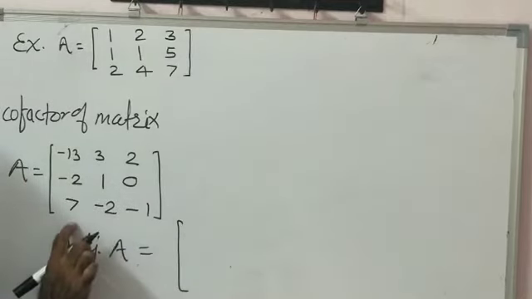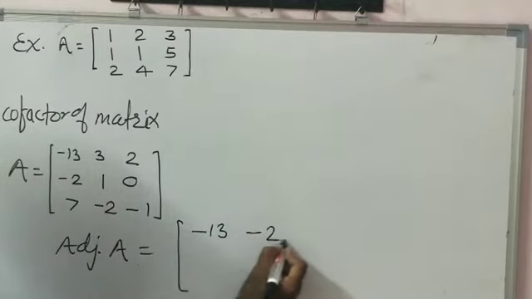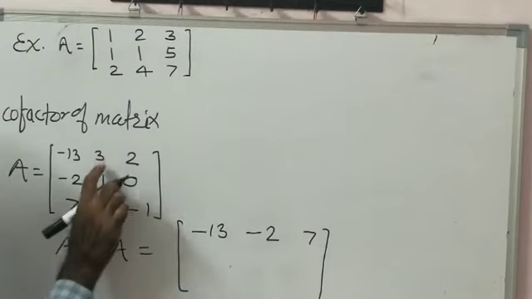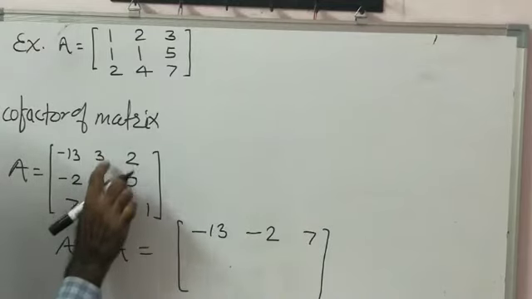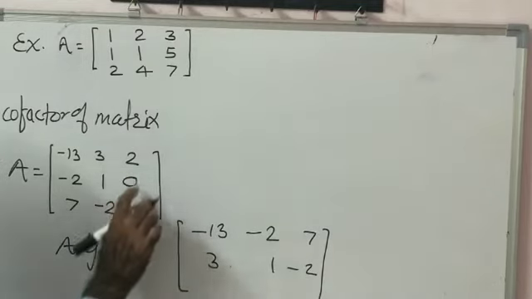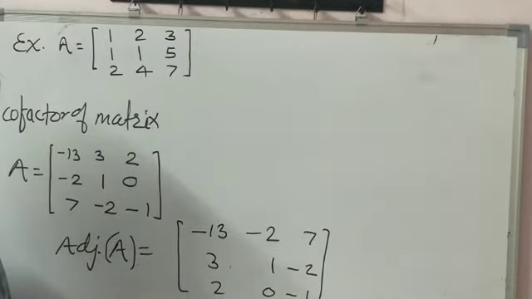Now the adjoint of A. Each column is converted into a row. First row: minus 3, minus 2, 7. Second row: 3, 1, minus 2. Third row: 2, 0, minus 1. And this is the adjoint of the matrix. Now we find the inverse.